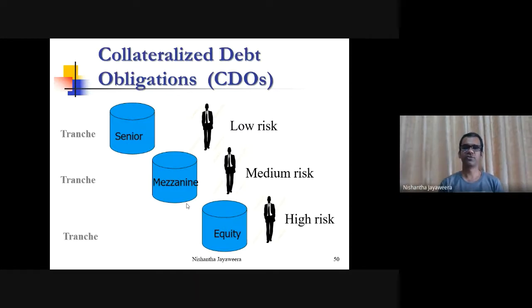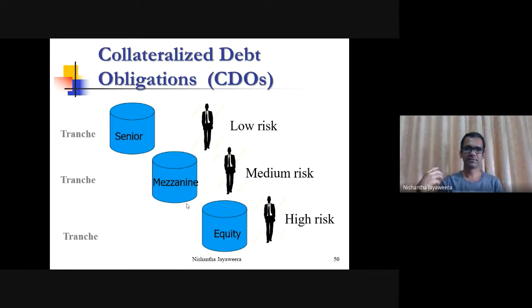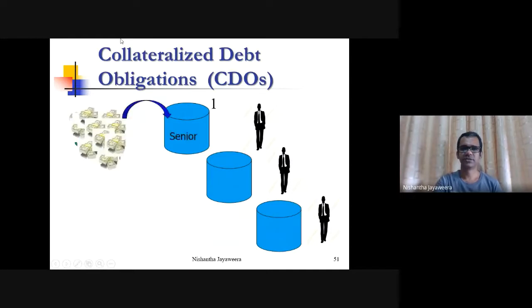So with all those things, they can issue highly rated bonds, but backed by assets created with individuals, maybe not corporates. That's how they reduce the risk.